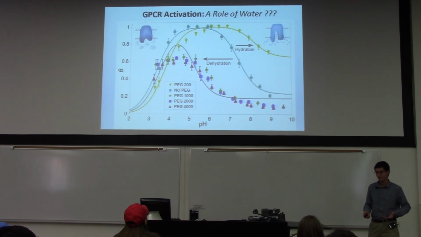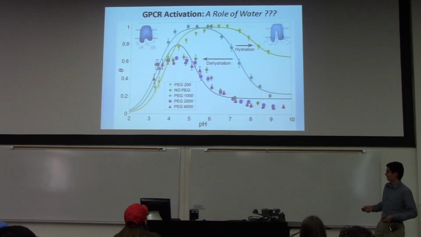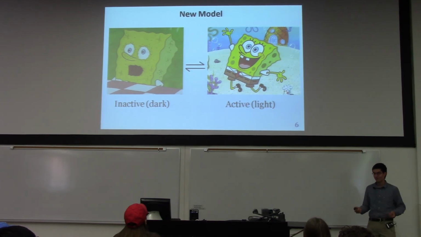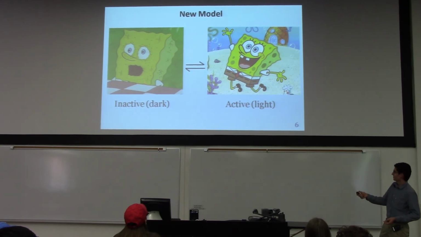That's really exciting, and it's so exciting, in fact, that we decided to come up with a new model to explain this. This is a model that we like to call the sponge model. Now in the sponge model, rhodopsin behaves like a sponge. In the inactive state, it's like a dry sponge. And in the active state, it's like a swollen, hydrated sponge.